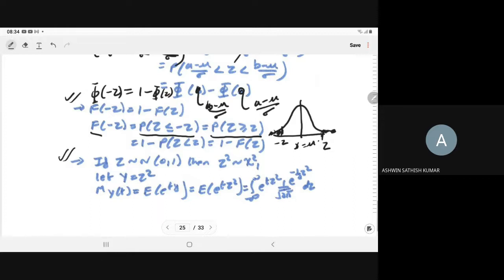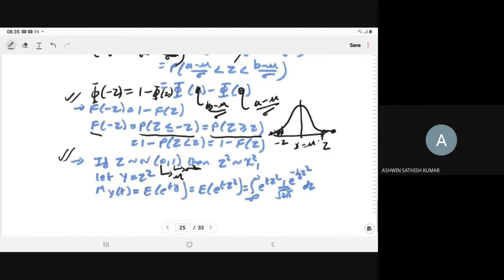Another important relation: if z follows the standard normal distribution with parameters 0 and 1, where 0 is the mu and 1 is the sigma square, then z square, the square of a standard normal variate, is also a random variable.